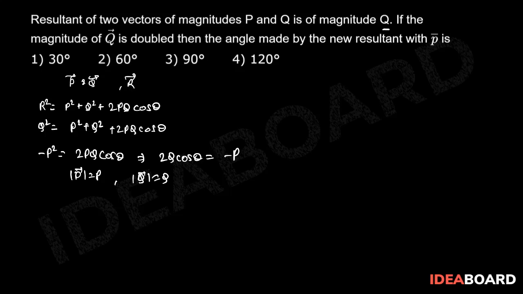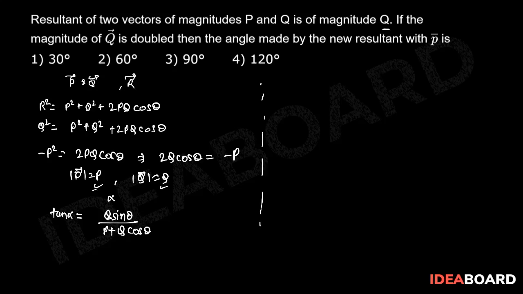Suppose alpha represents the angle made by the resultant with the p vector, then we can write tan alpha equal to q sin theta upon p plus q cos theta, in the normal case.